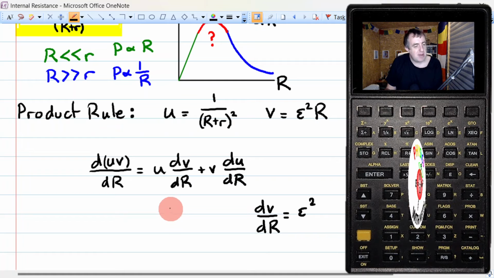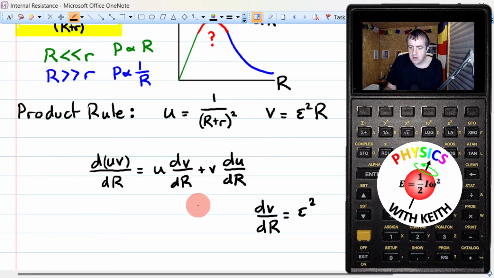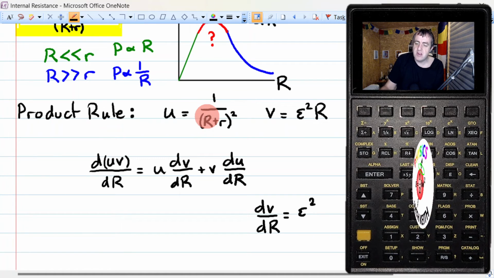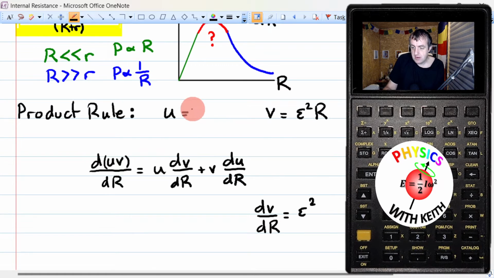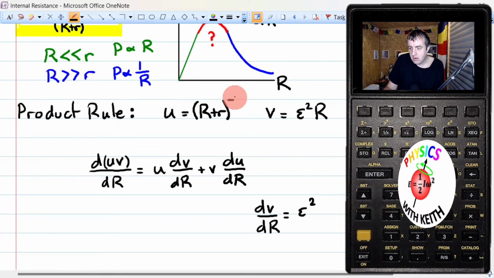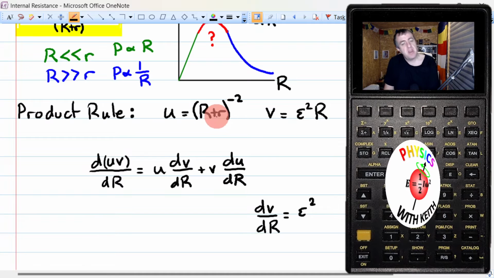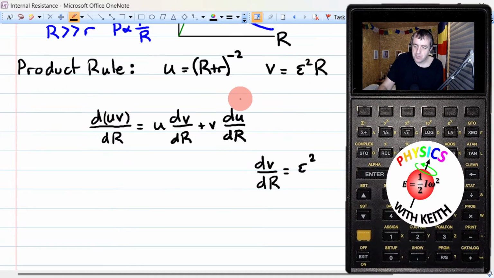Differentiating U is going to be a bit more tricky because this is a function of a function. You know, we could write U, instead of writing like this, we could have written it as (R plus r) to the power of minus 2. And that makes it a bit clearer to see what's going on. We've got the first function, R is being added to little r, and the second function is it's being raised to the power of negative 2.